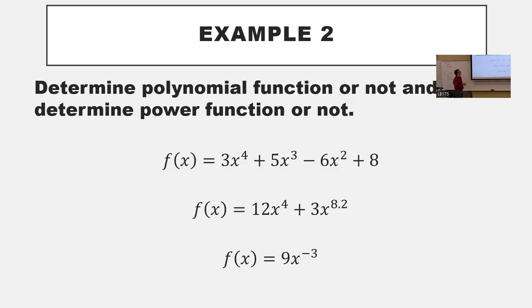So if you look at this first function, f of x equals 3x to the 4th plus 5x to the 3rd minus 6x squared plus 8, that is a polynomial because on each of the terms, x is being raised to a whole number power. However, it is not a power function because a power function can only have one term.